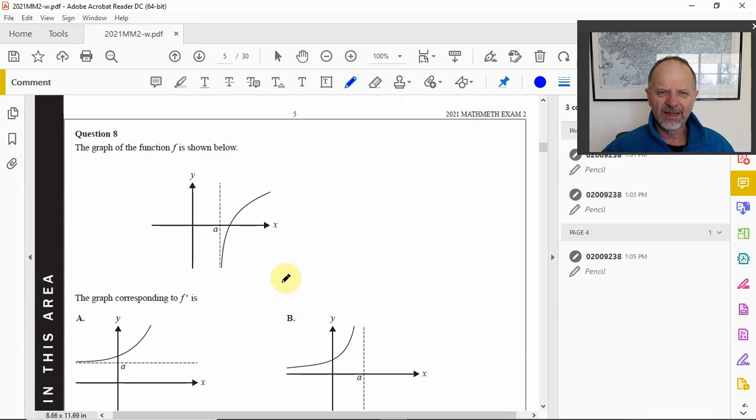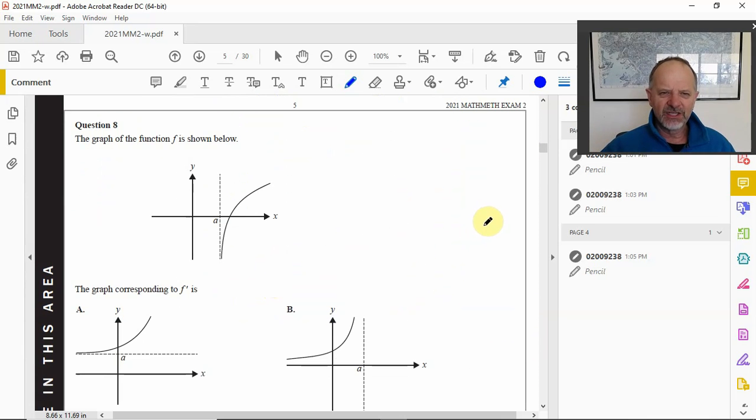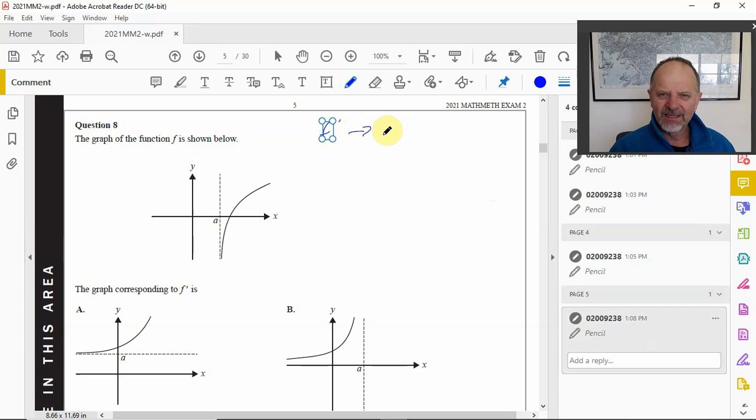Scroll down to 8. We have the graph of that function, and we want the graph corresponding to the derivative. The derivative graph relates to our gradient. So what's happening here? Our gradient is tending towards 0, but it's positive.